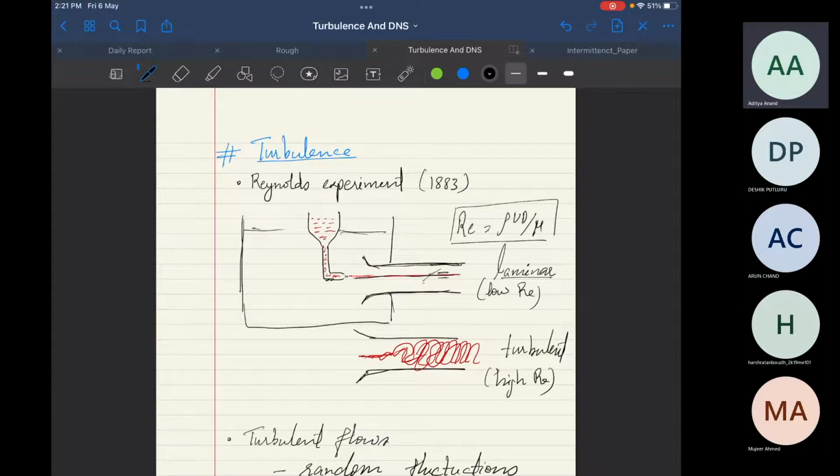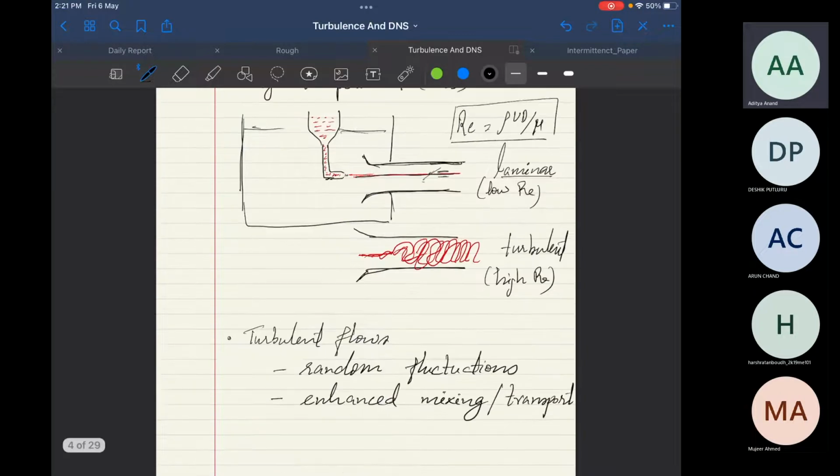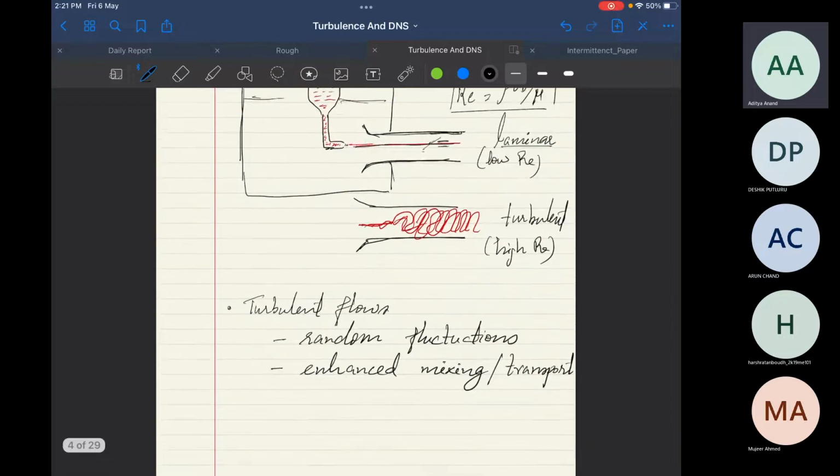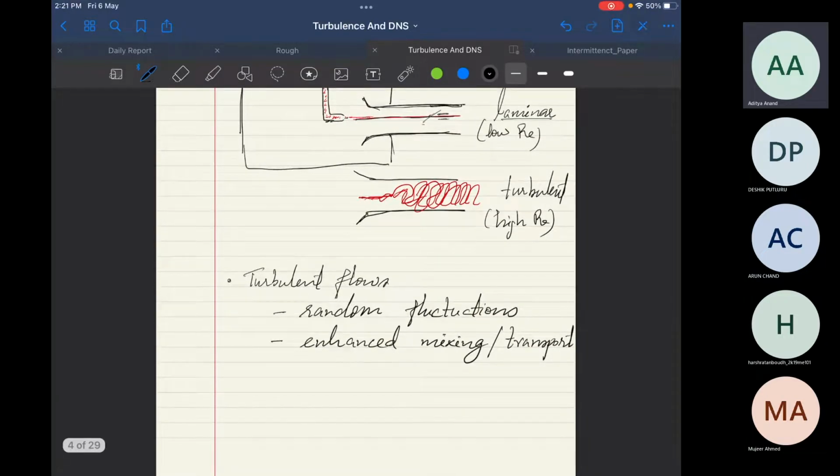Whereas when the Reynolds number increased, there were violent random fluctuations, and the dye that was injected immediately got mixed in the pipe. That's what characterizes a turbulent flow. There are random, intense, violent fluctuations, and it enhances the mixing and transport properties of the fluid flow.